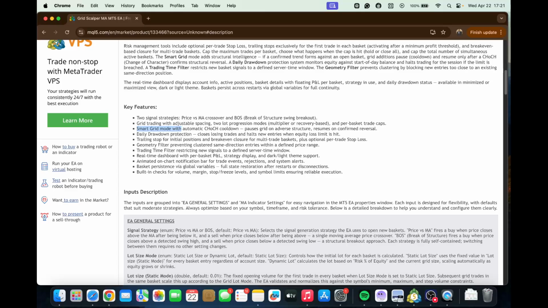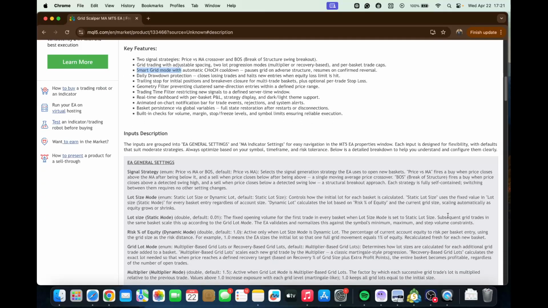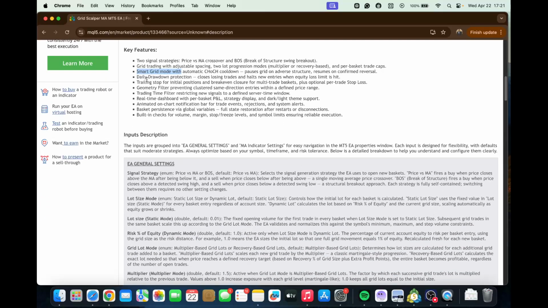You've got a geometry filter to stop new same direction baskets opening too close to existing ones, and daily drawdown protection that can close losing trades and stop trading for the rest of the day if equity drops too far.